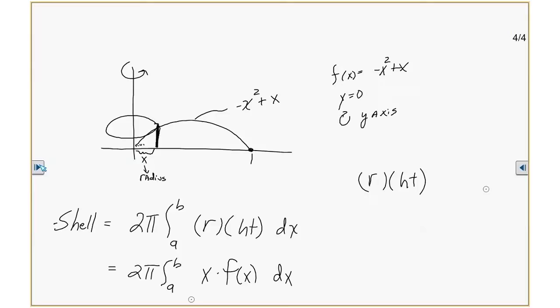So, do this problem. Set it up. What is it going to look like? Somebody tell me what it's going to look like. Something in the kitchen.